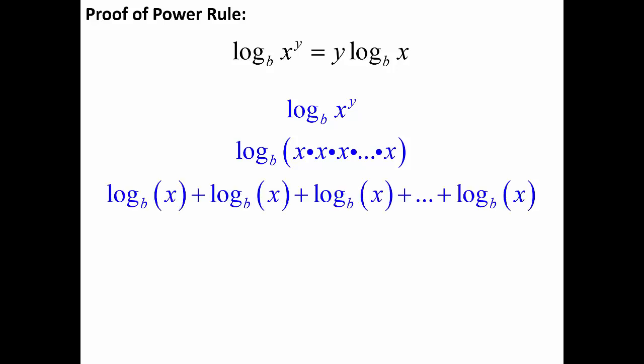Log of the first x, log of the second x, log of the third x, and so on and so forth until I get to the final x. So if I add them all up, that would really just be log base b of x times y. Therefore, if I have log base b of x to the y, that's going to equal y times log base b of x. The exponent becomes the coefficient.